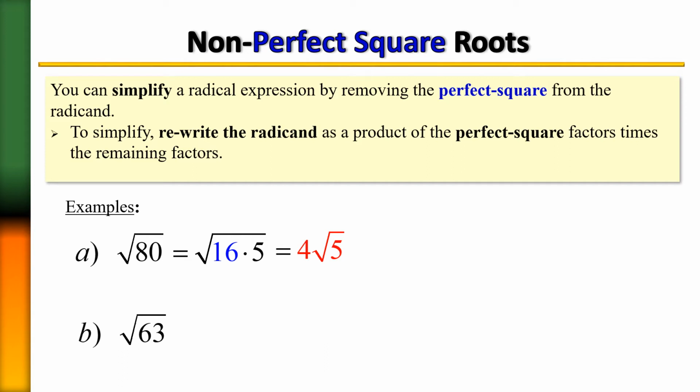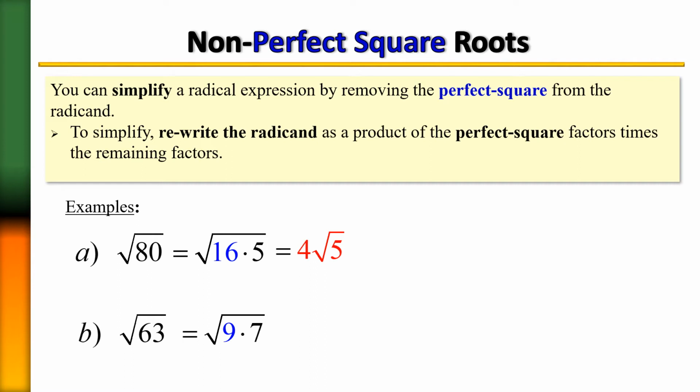63 is not a perfect square root. However, it does have a perfect inside of it. We want the largest perfect number that's inside there. Well, I know that 9 times 7 is 63. So 9 is your greatest perfect square inside there. So we're going to solve it.